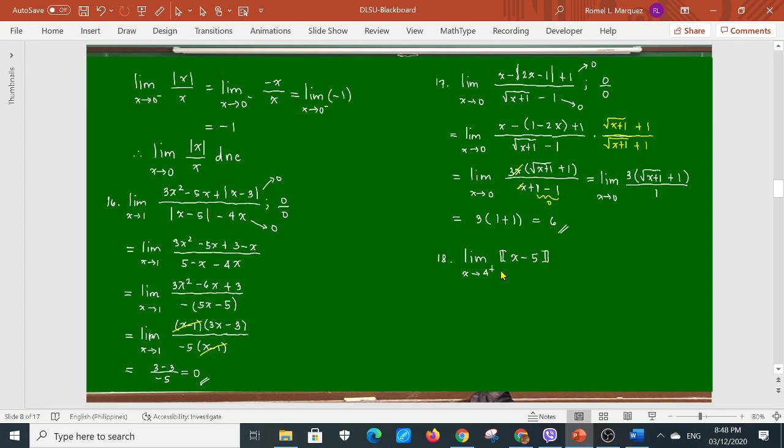So, it means, what are those? 4.01, 4.001, 4.1, 4 point something. 4 point something minus 5 is equal to what, children? 4 point something, let's say 4.2, example, minus 5. That is equal to negative 0.8. Okay?